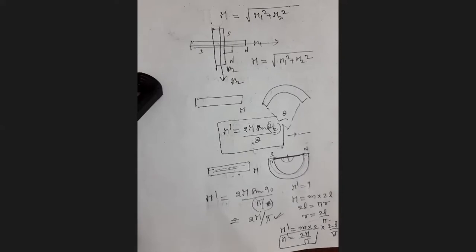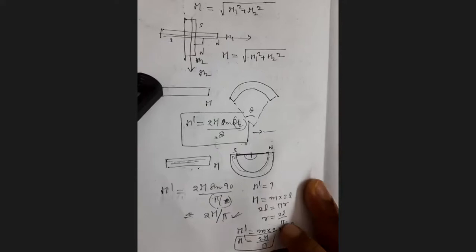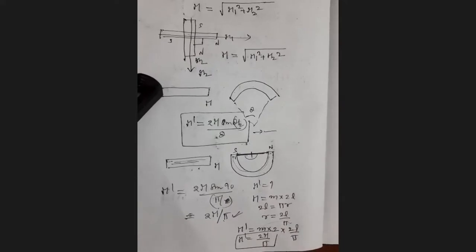So when a straight magnet is bent as a semicircle or with some angle, then magnetic moment decreases, and vice versa. If the semicircular magnet is straightened, then magnetic moment increases.